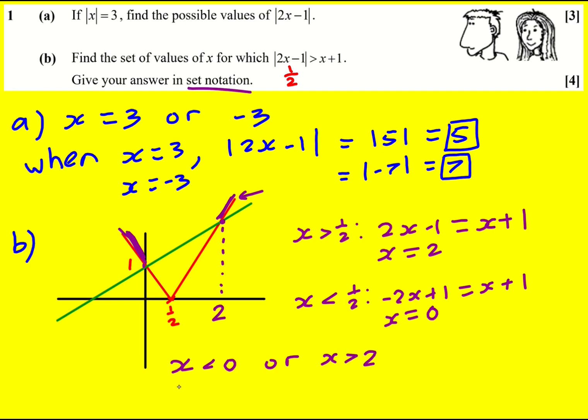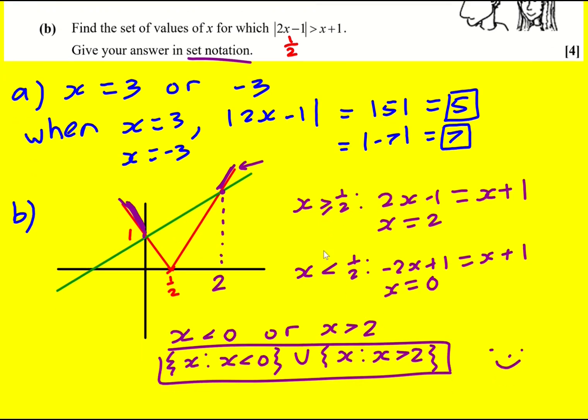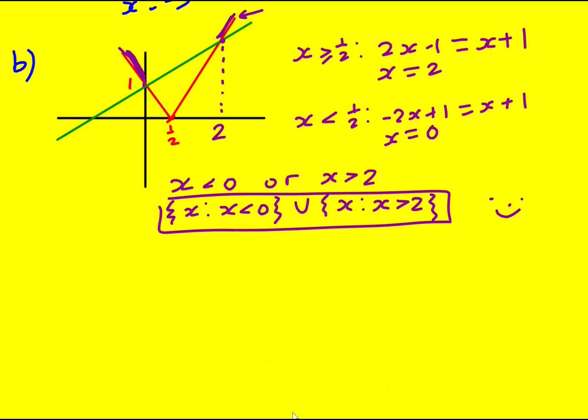And giving our answer in set notation, this becomes the set of x such that x is less than 0 unioned with the set of x such that x is greater than 2. Just realized that, sorry, that should have been an equal sign there as well when it's greater or equal to a half. Then I find the whole range, but it didn't really matter at the end of the day.